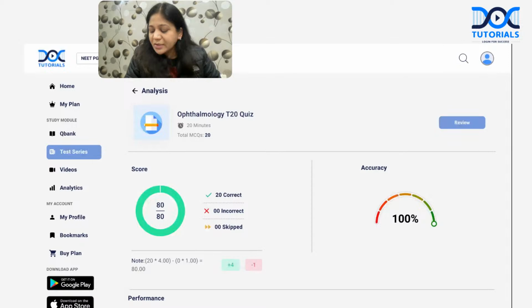Okay, there is a lid coloboma wala question. Goldenhar syndrome. Yes. Anything else you wish to ask?